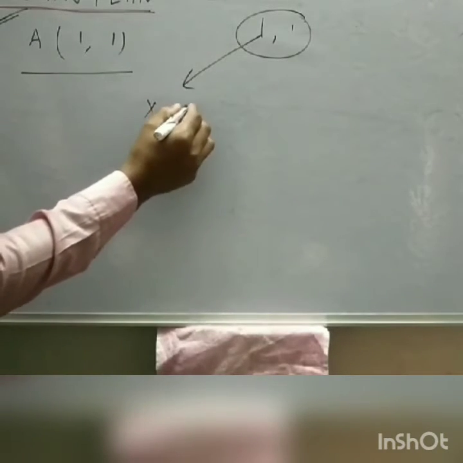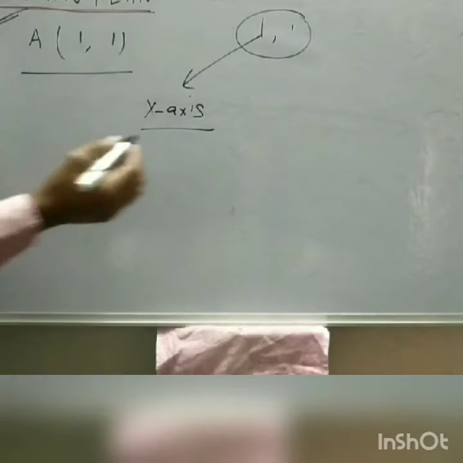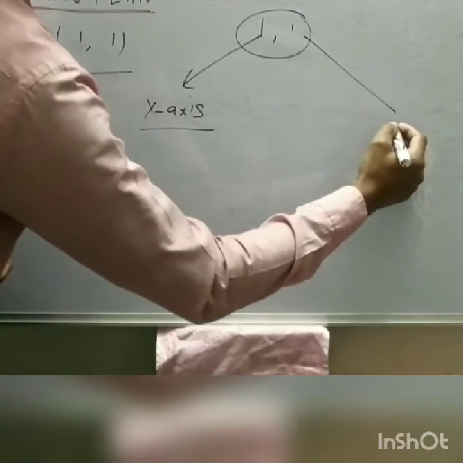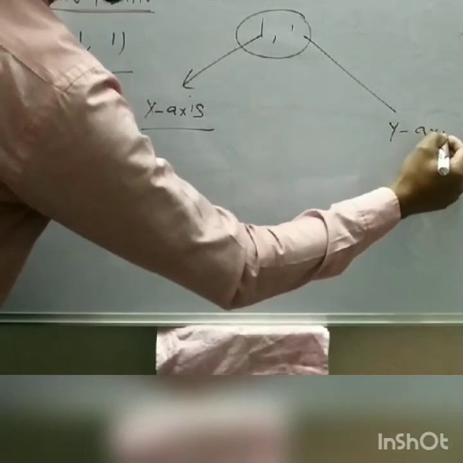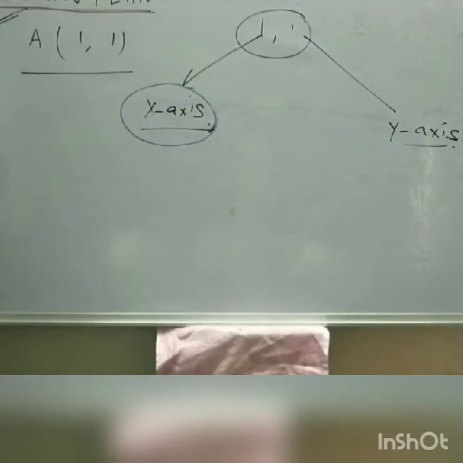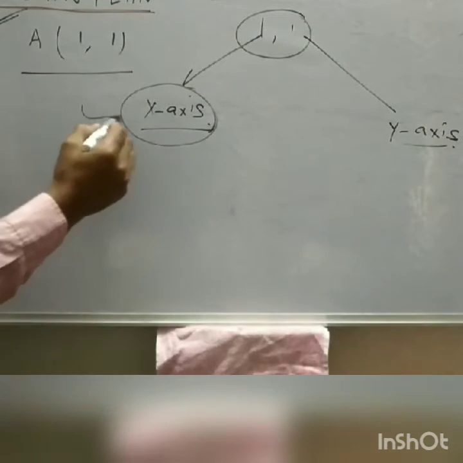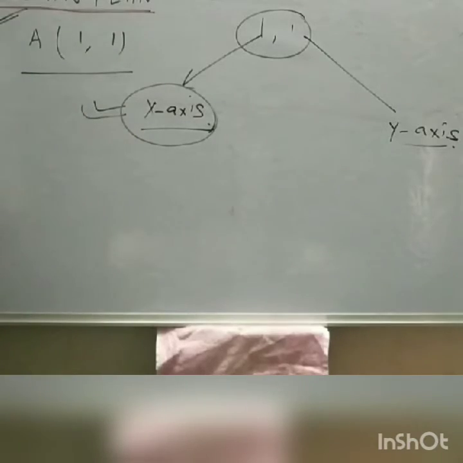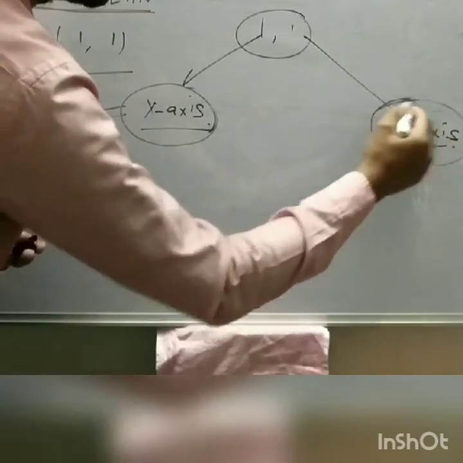Try to understand. The second number is plotted on the y-axis. The first is known as the x coordinate, and the second, that is y, is known as the y coordinate. This x coordinate is our abscissa and this y coordinate is our ordinate.